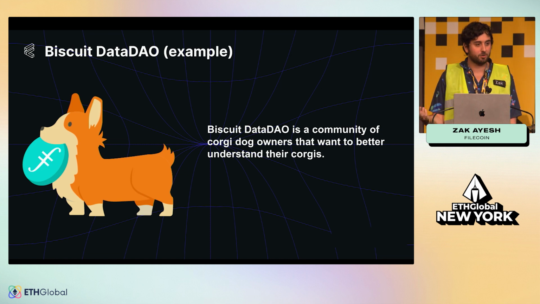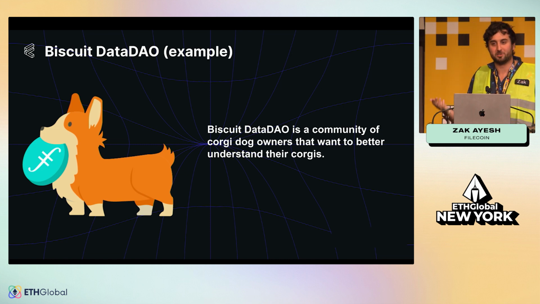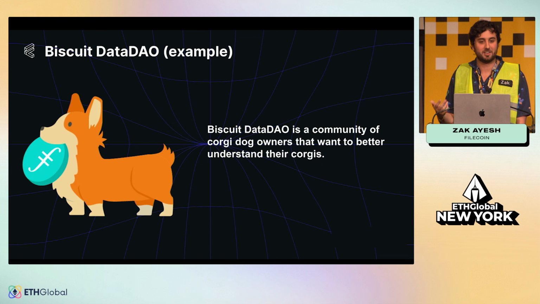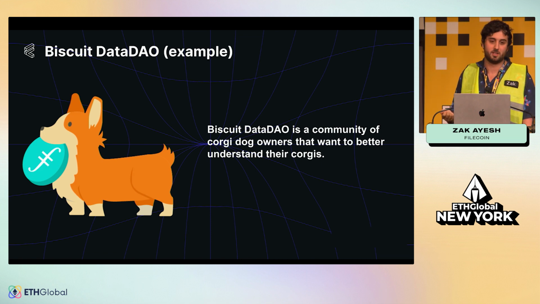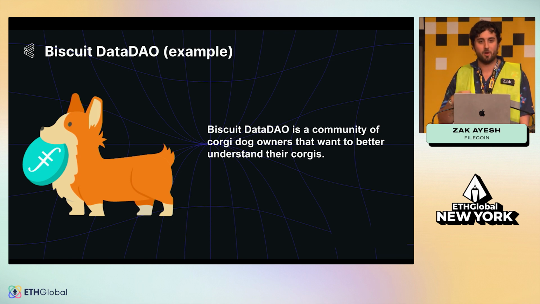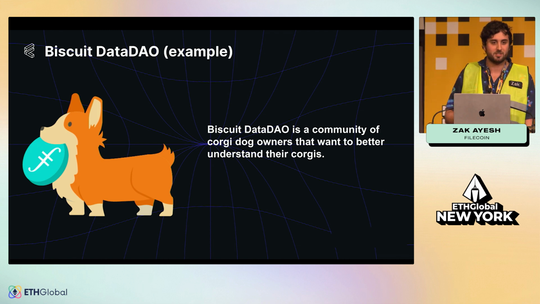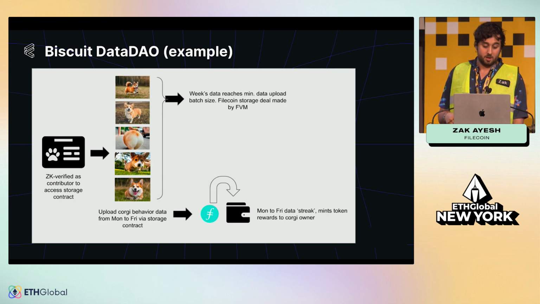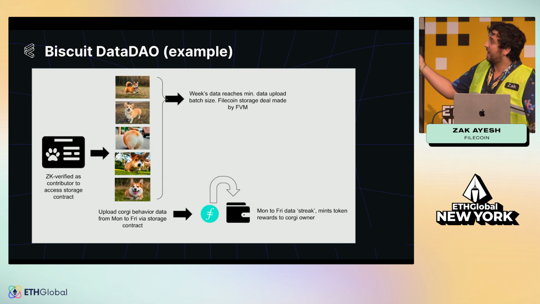So I have a fun example of a DAO that my colleague Sarah came up with. BiscuitDAO. If you don't know, Biscuit is the mascot for Filecoin. It's the Corgi. And BiscuitDAO is a community of Corgi dog owners that want to better understand their Corgis and let the world better understand Corgis, right? So maybe they have some ZK verified access as a contributor.